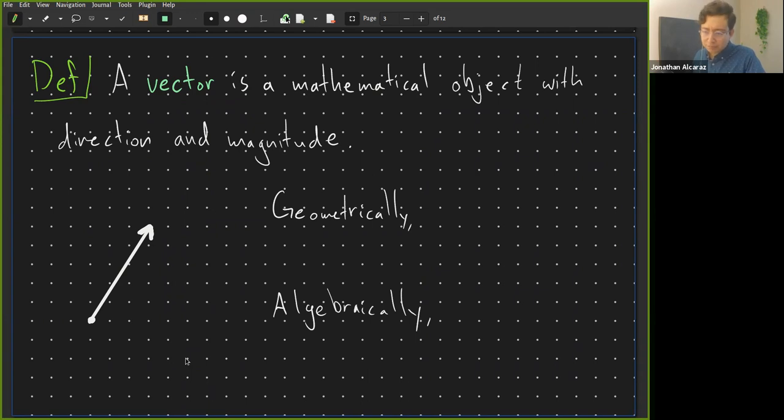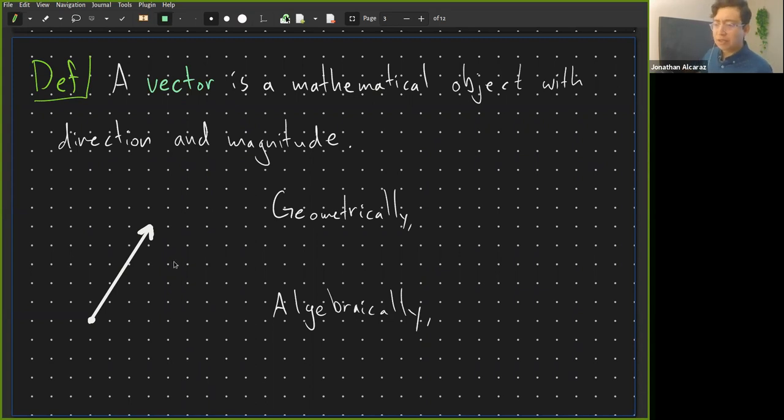I think that, other than a math class, that's probably the most common place you'll see something like this. And so if you're a physically minded person, if you like physics, then you can picture a vector as maybe a velocity vector or a force vector or something like that. So you've had some intuition of what this is.